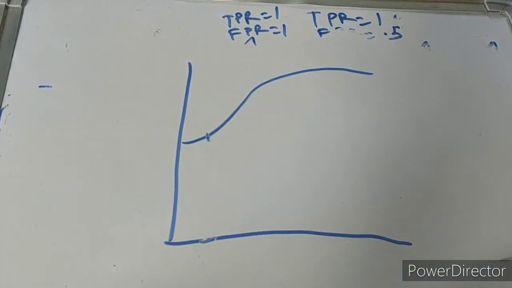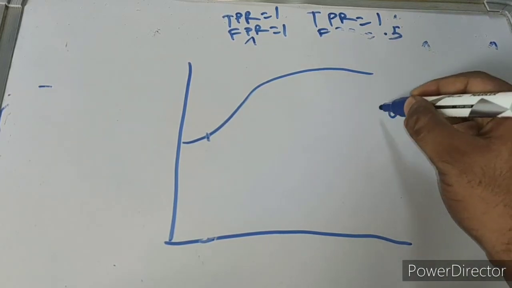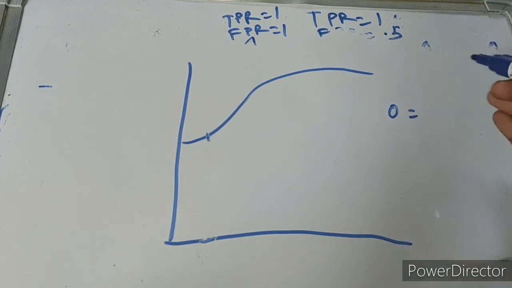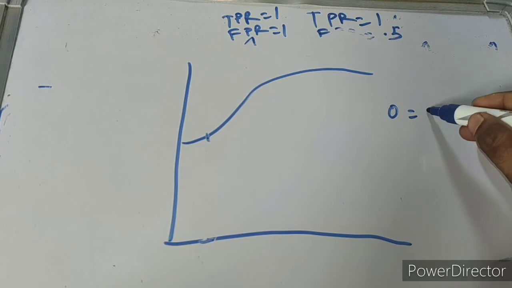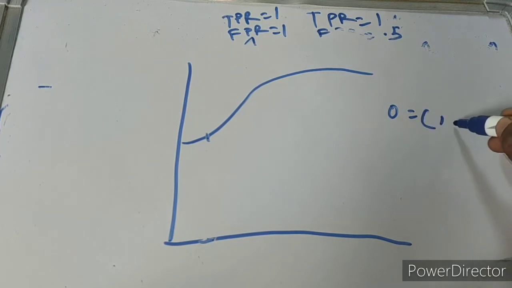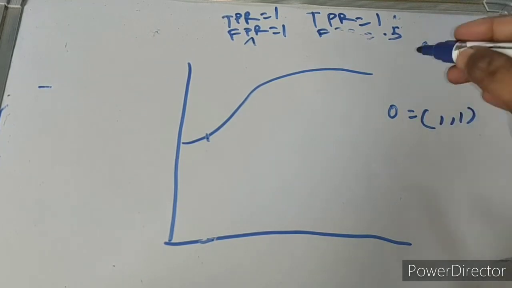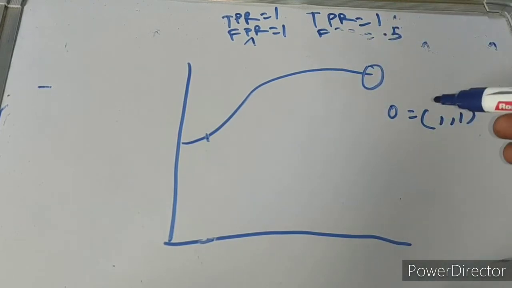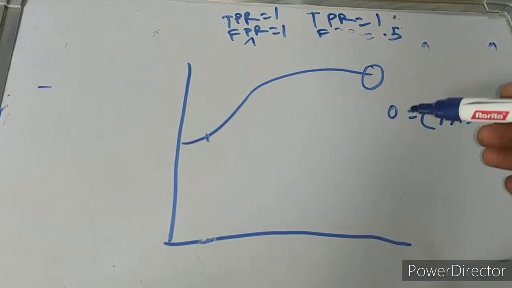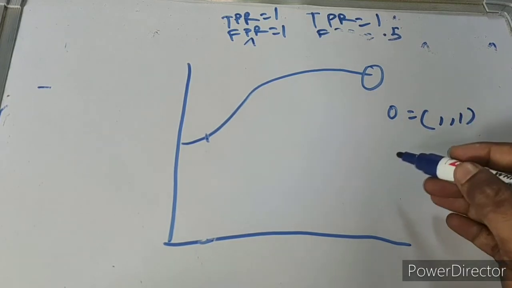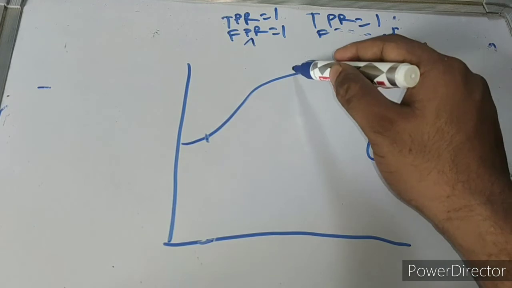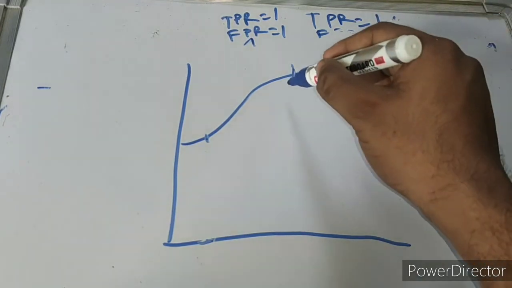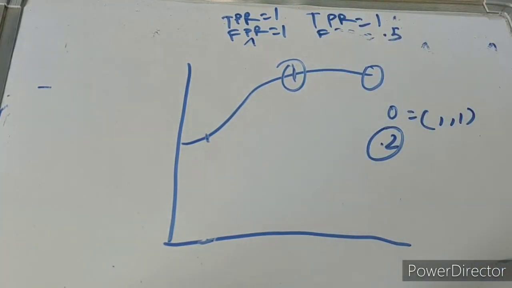When the threshold value is 0, what is the value? They will identify that at threshold 0 we have the 1, 1 coordinate. Yes, for threshold 0 it has the 1, 1 coordinate. For other thresholds, suppose 0.2, it has this value.